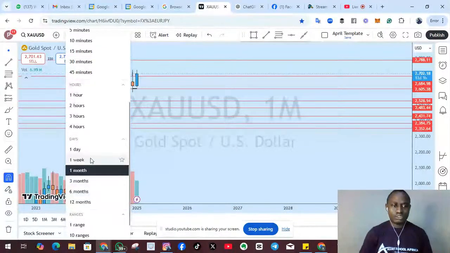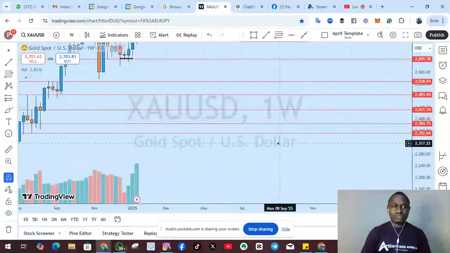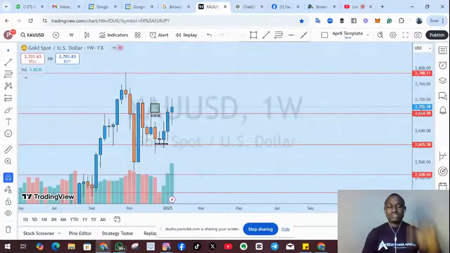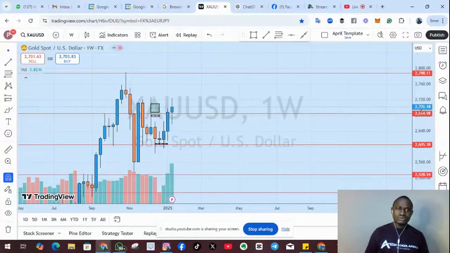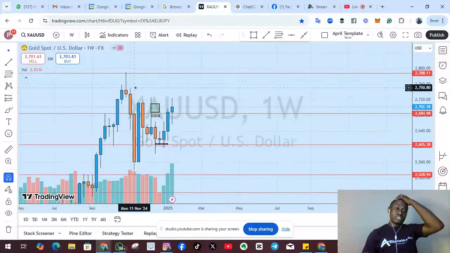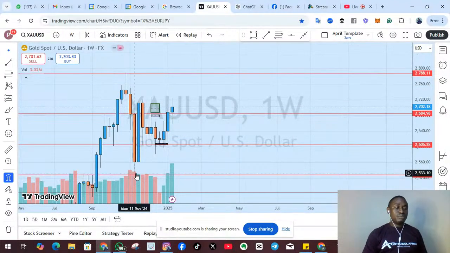So let's see what is possible on the weekly time frame. The weekly time frame is also showing the same, which has been bullish. Let's just count the market structure. We have the low here, then the high here, then the higher low. So we are expecting to see a higher high.